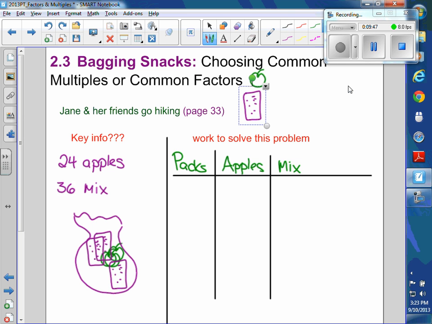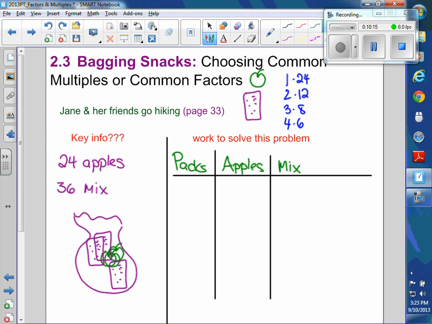So, can you, Kaden, do the factors for 24 for me? 1 times 24, 2 times 12, 3 times 8. And then 6 times 4. Okay, good.